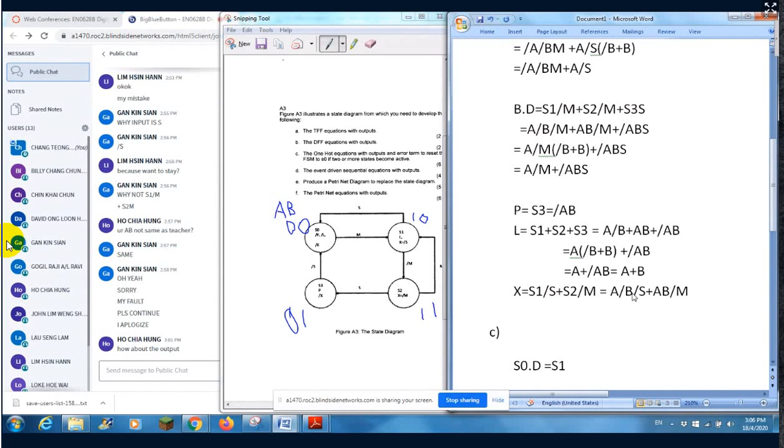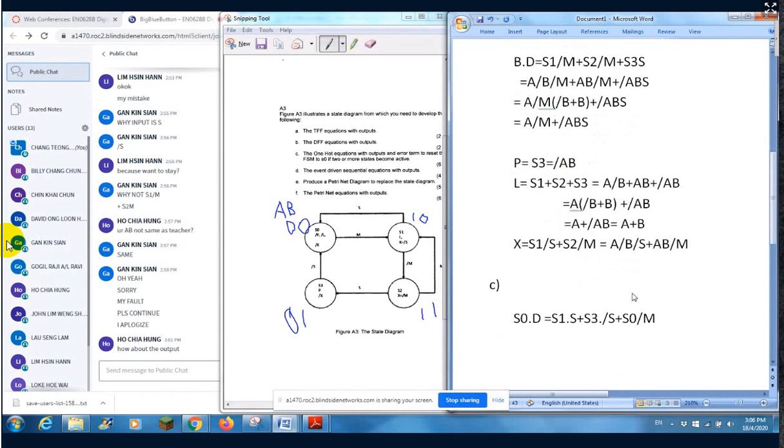So S1 S, all with S3 S bar, all with you for S0, M bar. S1 S, S3 S bar.